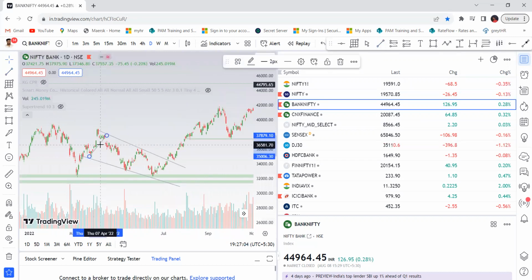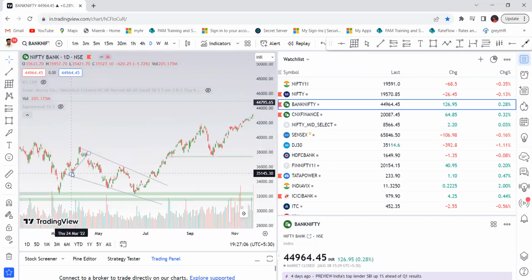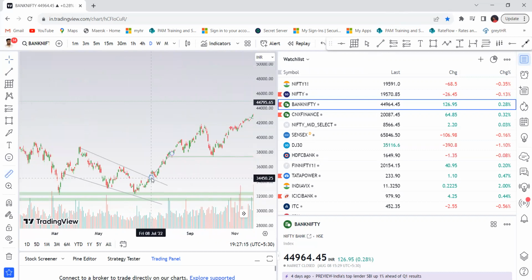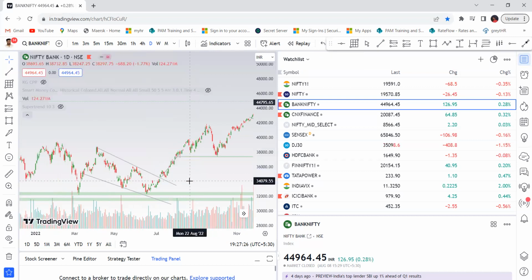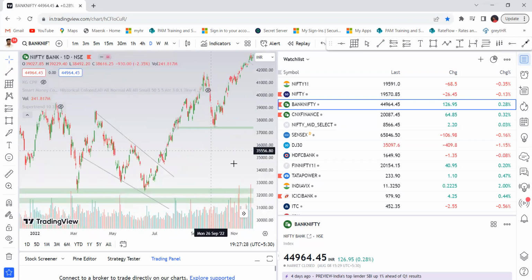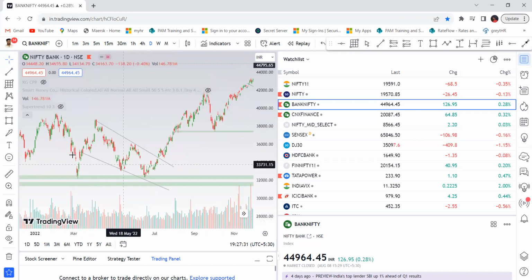Measure the length of this, and once it has broken, it has moved 10%. In like 2 months it has moved 10%. So that's the power of this pattern. You just draw a line, measure the length, and keep the length here. So using this, you can do swing trading as well.